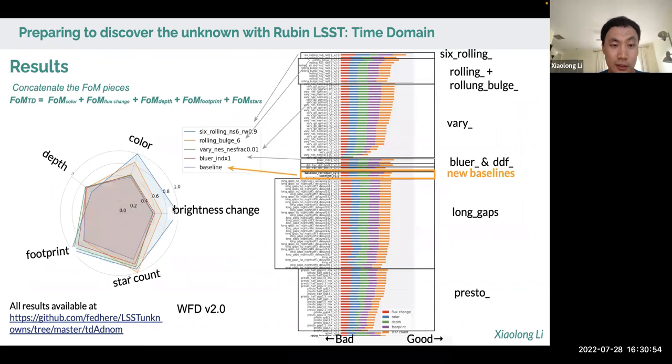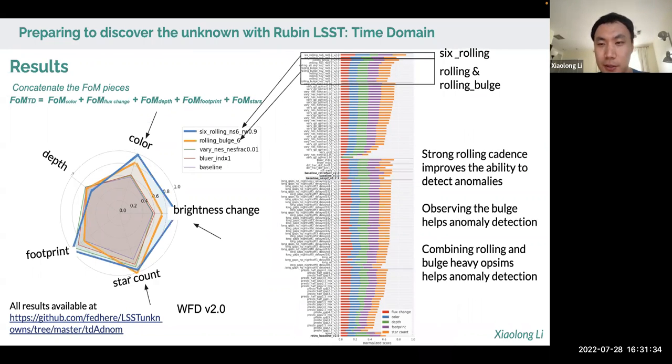The radar plot shows some of the best options under our metrics. Each corner represents one element of the metric, and the further outside, the better the option is in this element. And then the right plot shows all 100 opsims in the latest version 2.0 run.